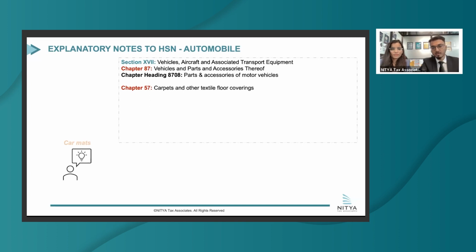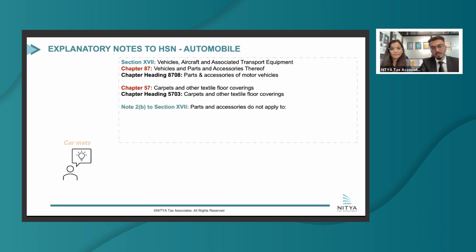On the other hand, another relevant chapter is Chapter 57, which covers carpets and other textile floor coverings, and heading 5703 covers carpet coverings.